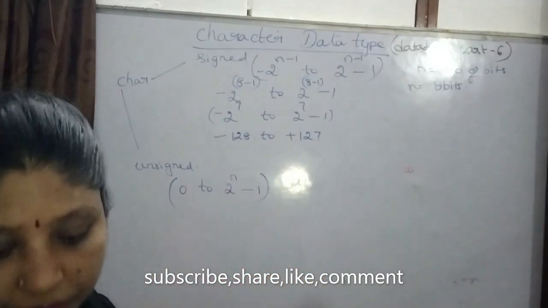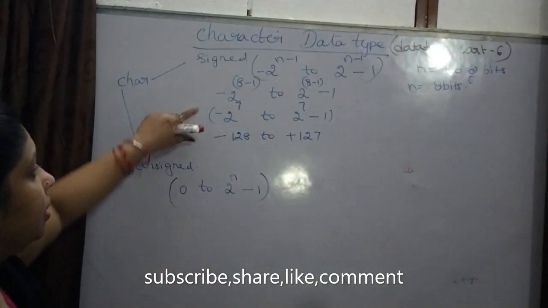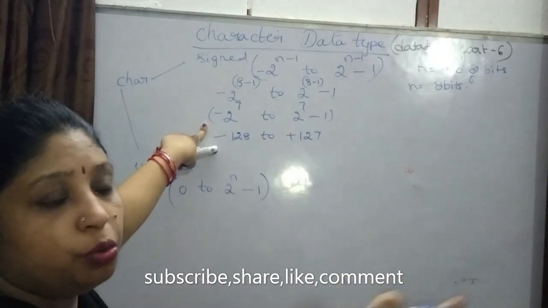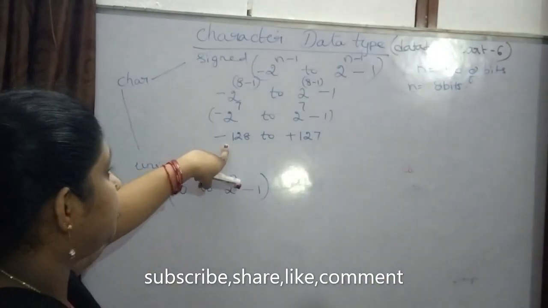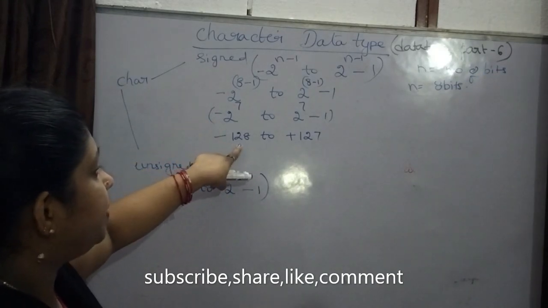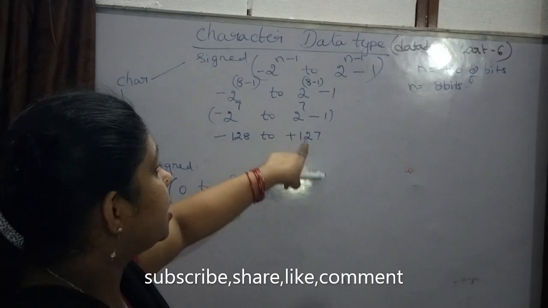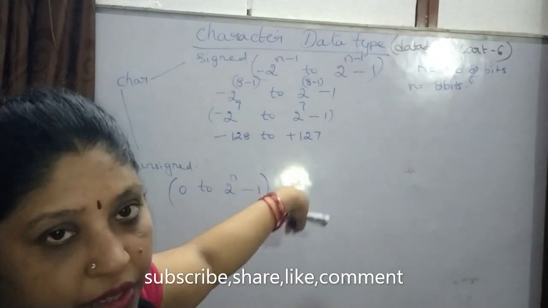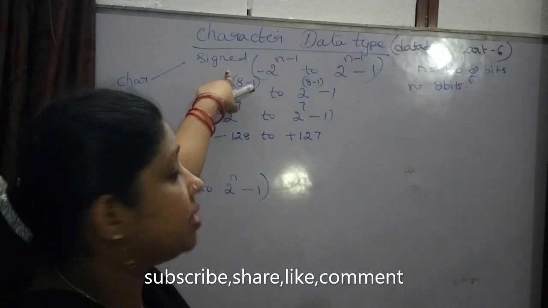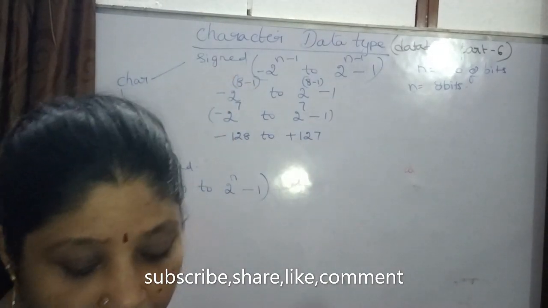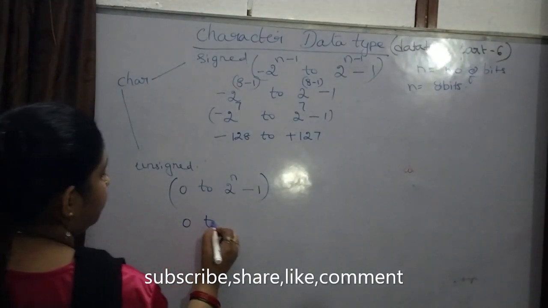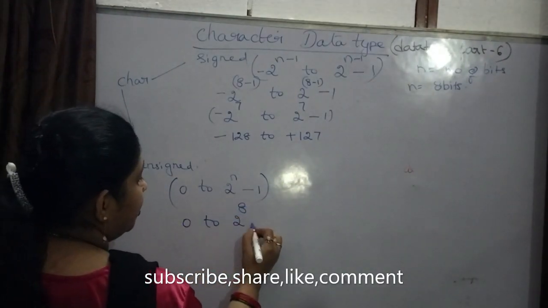If you check with a calculator, or do some quick calculations, you will see that it comes to minus 128 to plus 127. So this is the range for signed char. And for unsigned char, it is 0 to 2 to the power of 8 minus 1.